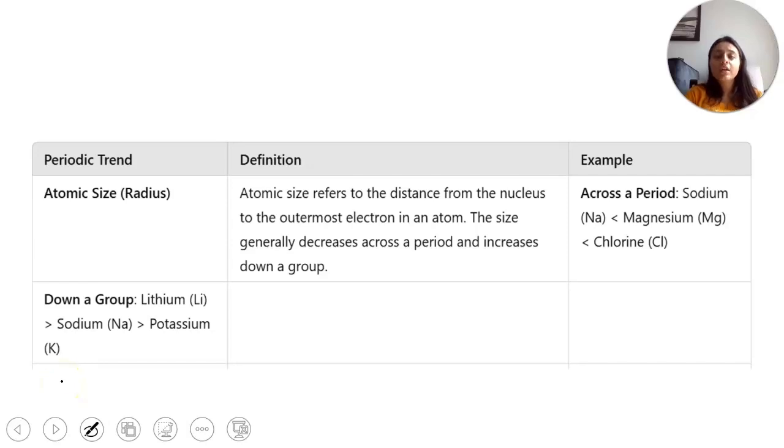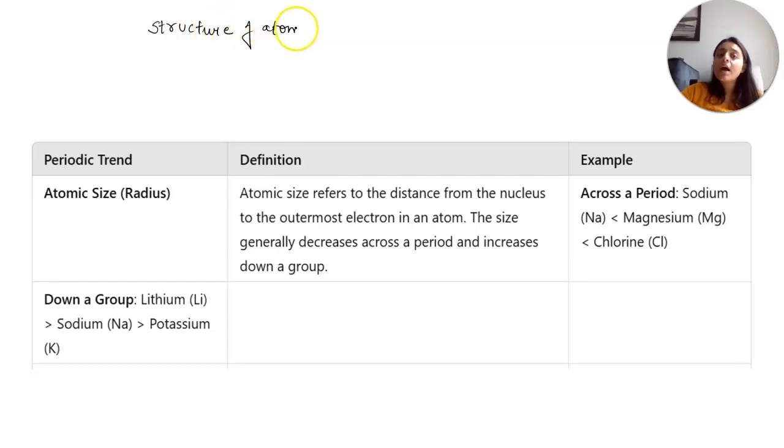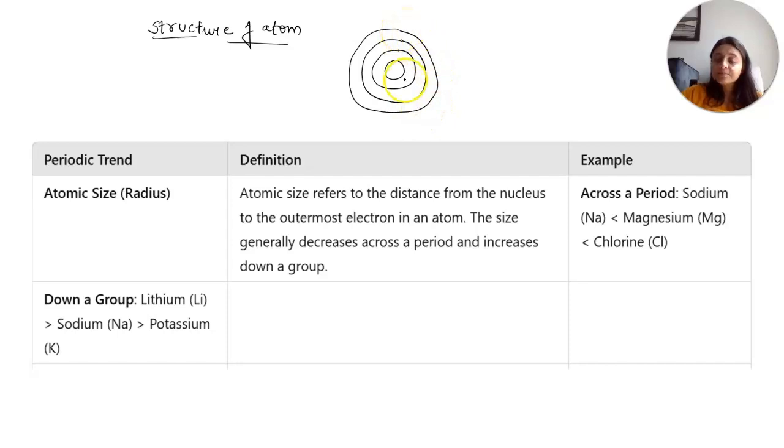What is the first trend in the periodic table? It is the atomic radius. Now what do you mean by atomic radius or atomic size? Whenever we draw the structure of an atom, as we have already studied in chemical reactions and equations, and also in hydrocarbons while studying the covalent bond, there is a central part which is the nucleus, and then there are certain energy shells, classified as orbits, where the electrons revolve around the nucleus, right?